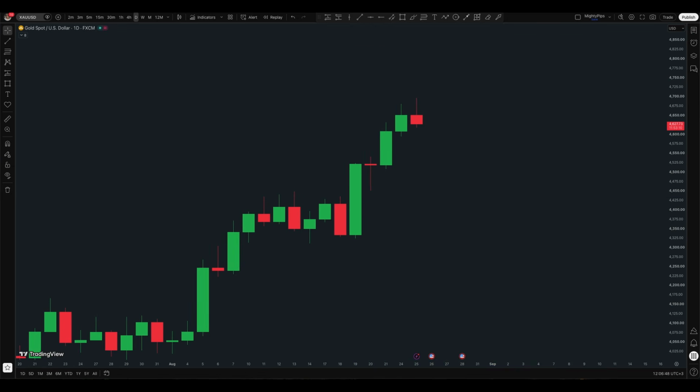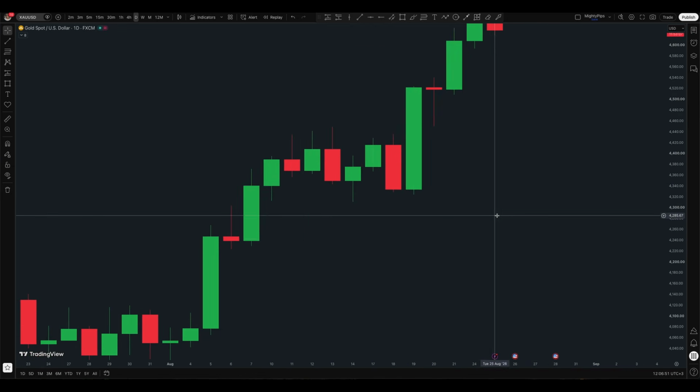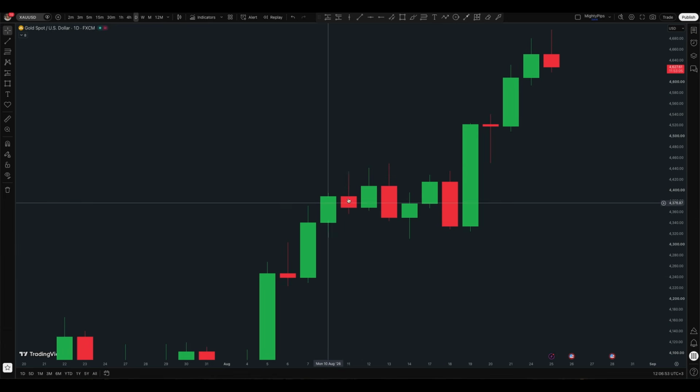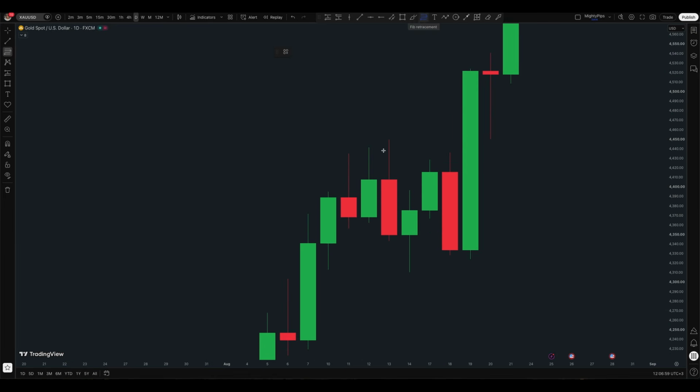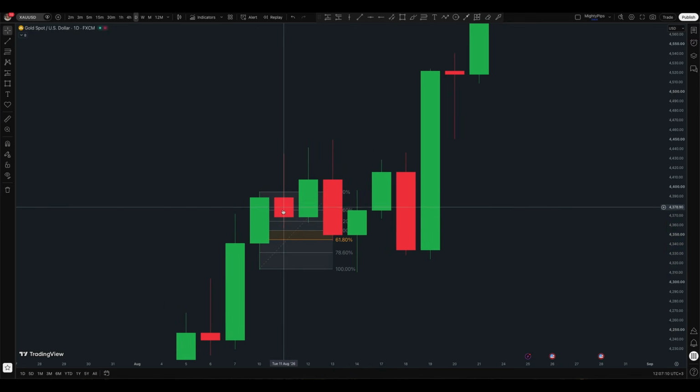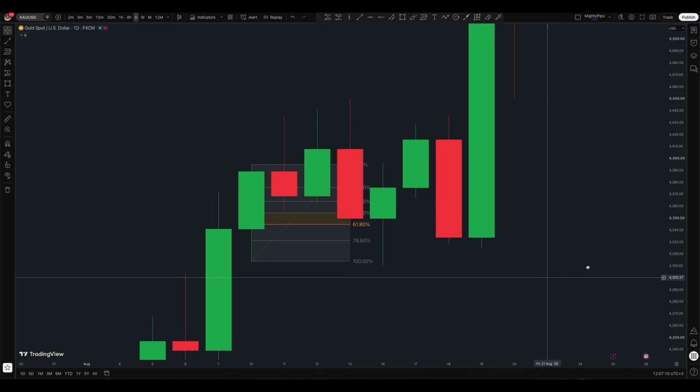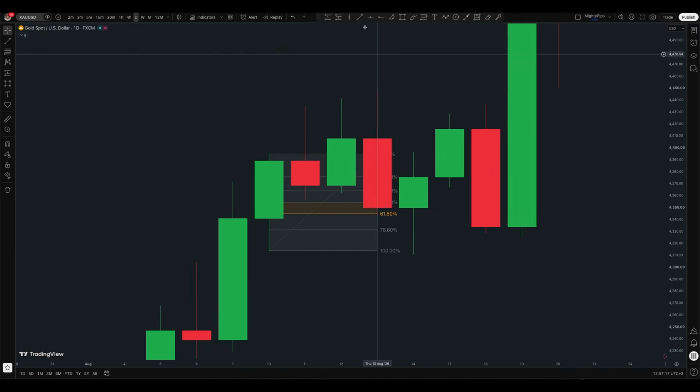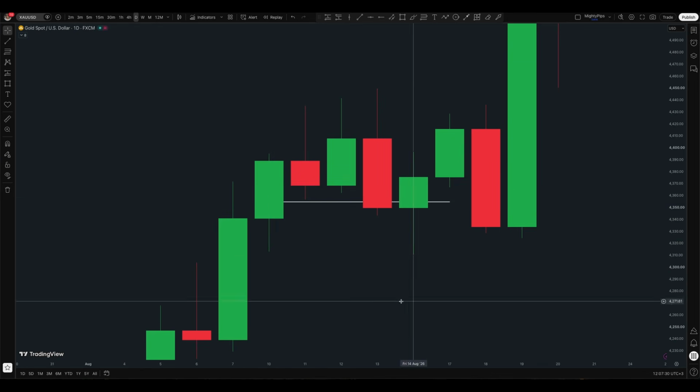Because if you see, for example, there are some candles here where the market did not respect that bias. If you mark this green candle from the bottom to the high, you can see that yes, this candle does not break the 50% mark. This is the 50% mark right here. So remove Fibonacci. You see this next red candle doesn't break this bullish candle's 50% range.